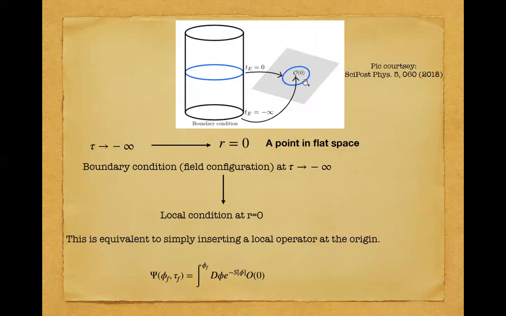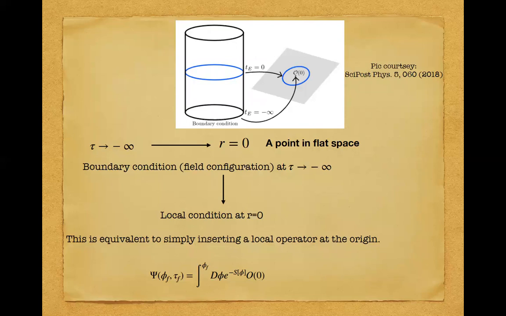So for each state on this sphere, you can think of a mapping between that and a local operator at the origin. They are related by some path integral like this. Okay. Does anyone have any question at this point?